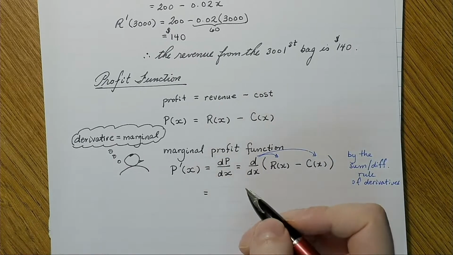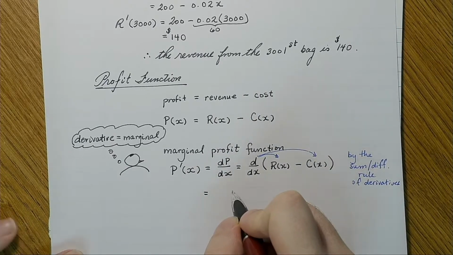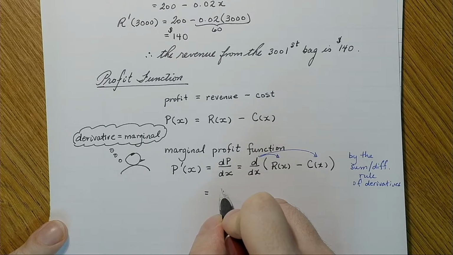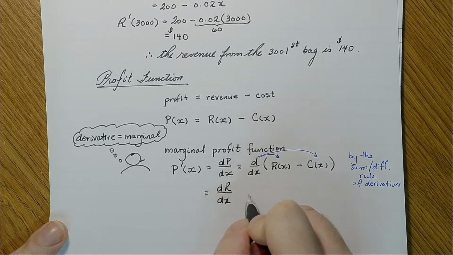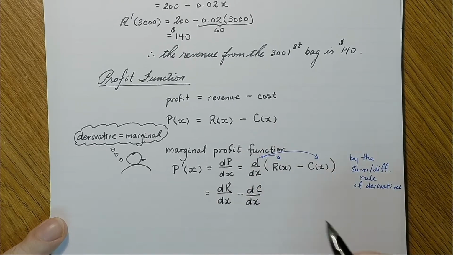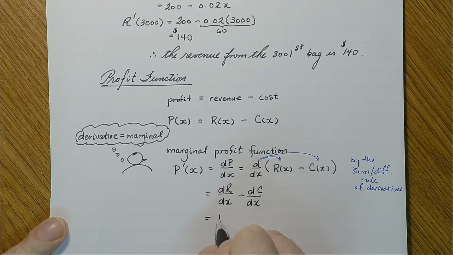So we get dr by dx minus dc by dx, or if you prefer, some people write it using prime notation, r prime minus c prime.